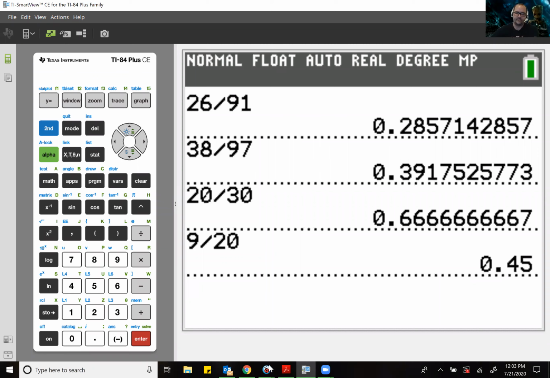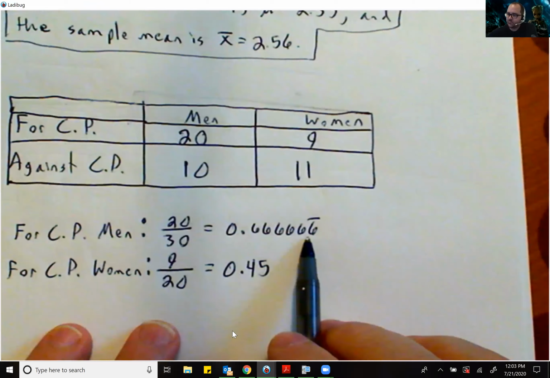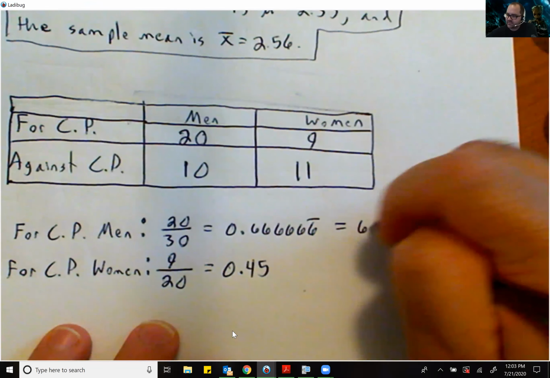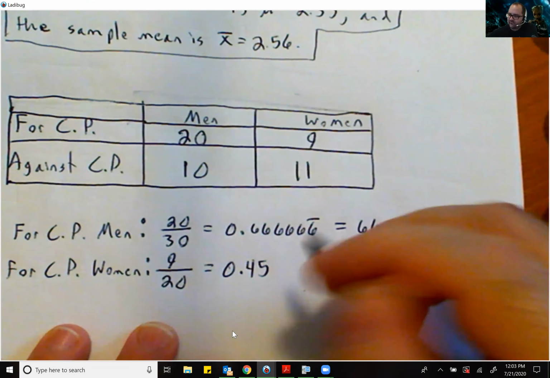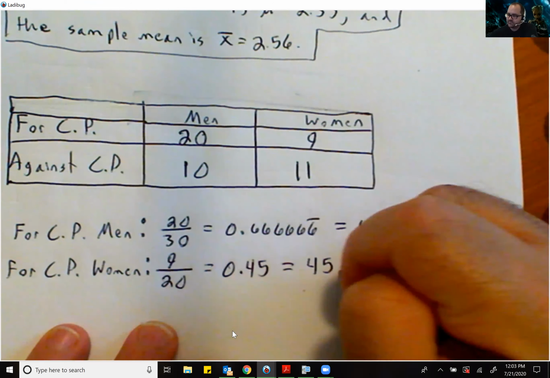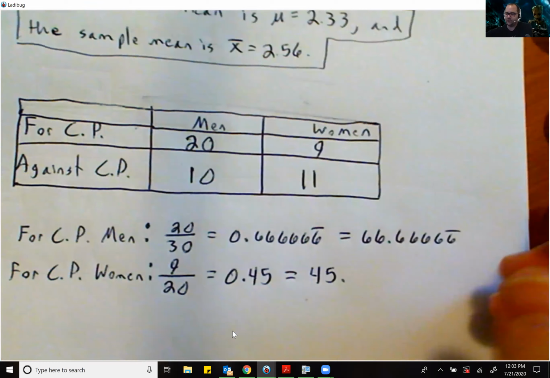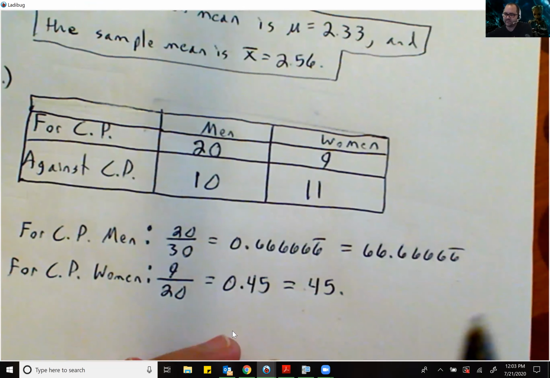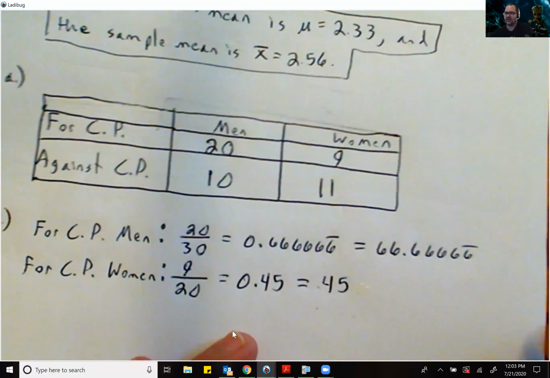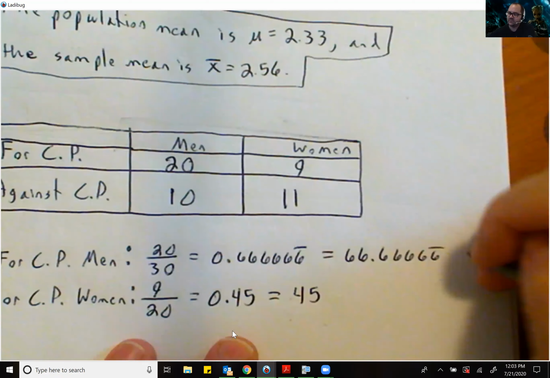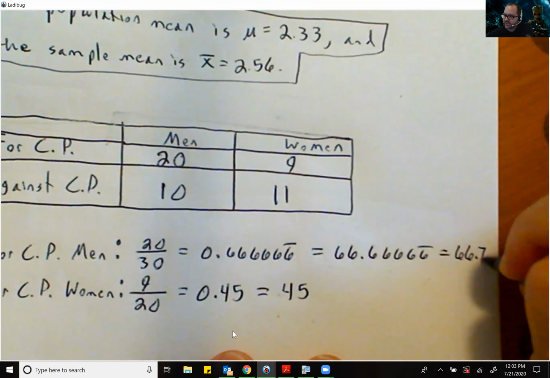All right. So you got to turn this into the percentage first, which will be 66.66666 repeating. Turn this guy into the percentage would be 45, just 45. And now they want you to round to 1 decimal place. Okay. So if we round this to 1 decimal place up here, this will be 66.7%.